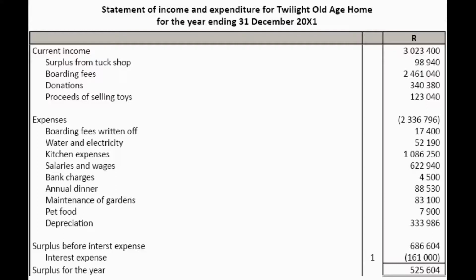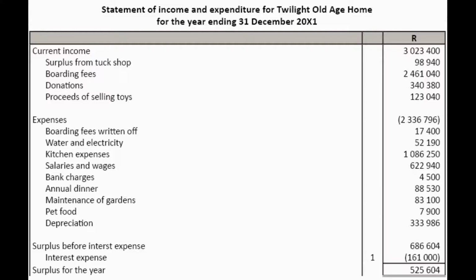And then depreciation. We've opened a depreciation account and we've debited that with accumulated depreciation on vehicles and accumulated depreciation on equipment. And the total there was 333,986. Then we get the surplus before the interest expense.